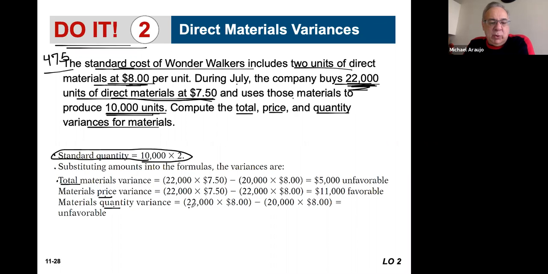So you used 22,000 instead of 20,000 at a standard cost. So that's going to make your quantity change, in this case, by $16,000 unfavorable. So $16,000 unfavorable, $11,000 favorable, that difference is $5,000 unfavorable. So it's those two numbers together.